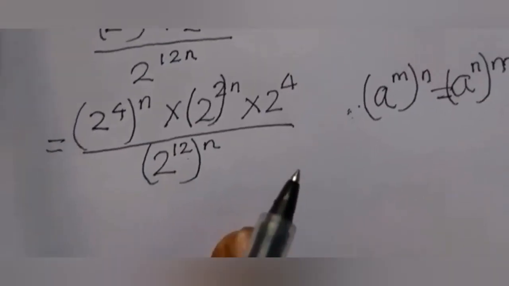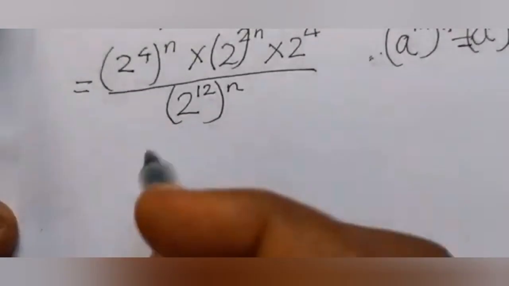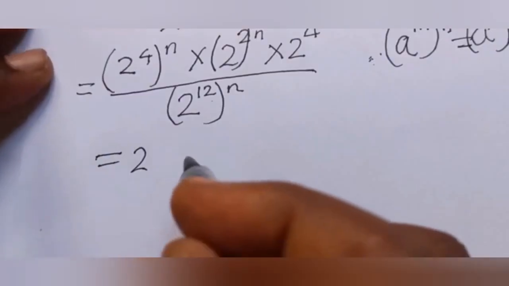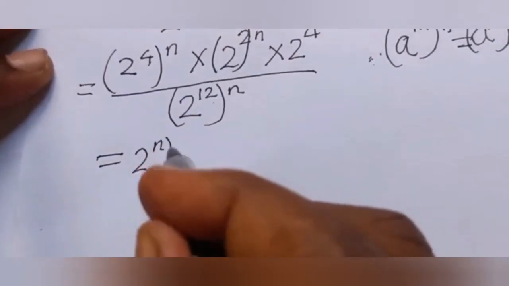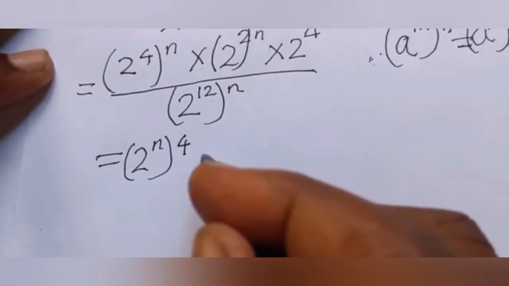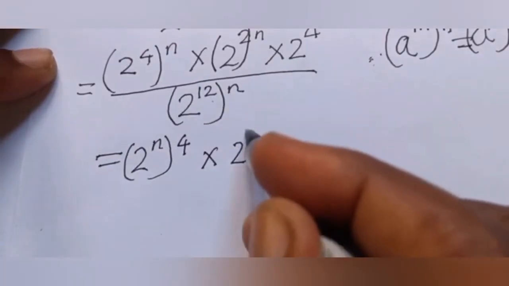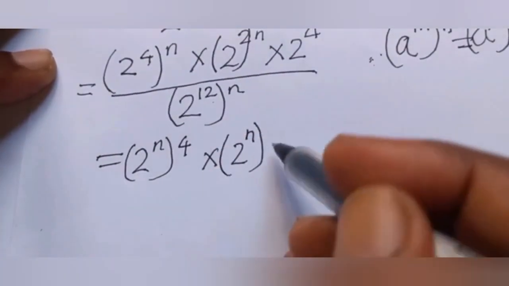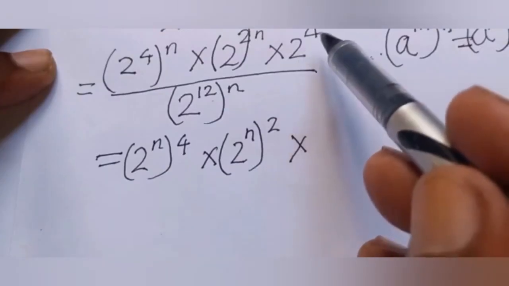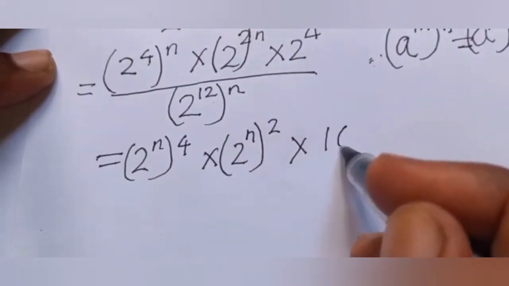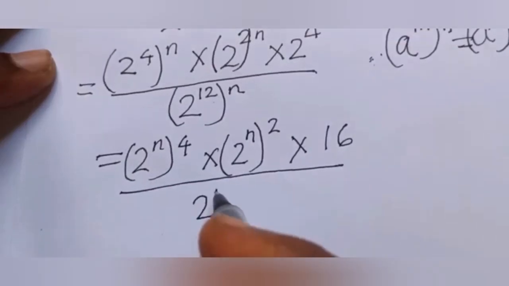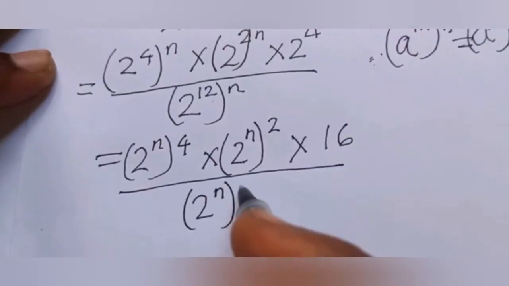So we have 2 power n in the bracket power 4 times 2 power n in the bracket power 2 times, we know 2 power 4, this is 16, over 2 power n in the bracket power 12.